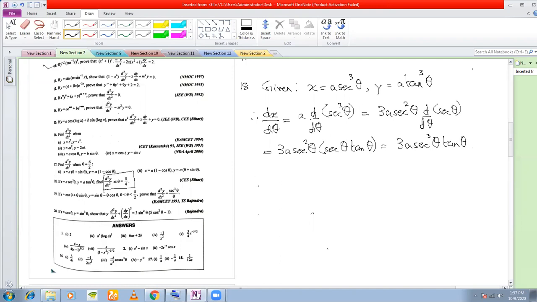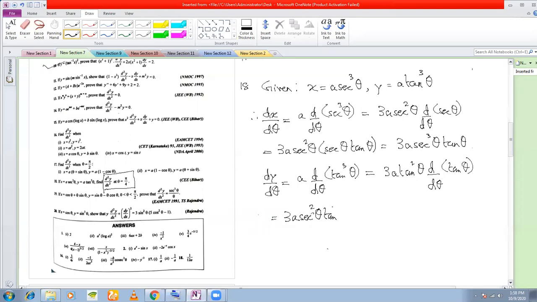This is dx d theta. And what is dy d theta? It is a dd theta of tan cube theta. First you differentiate the power to get 3 tan square theta into dd theta of tan theta, which is sec square theta. So you get 3a sec square theta tan square theta. This is dy d theta.